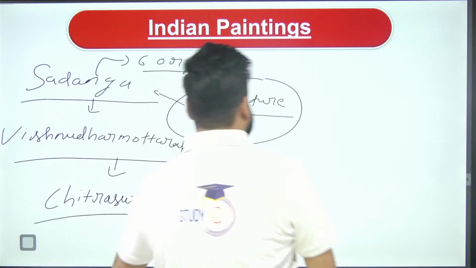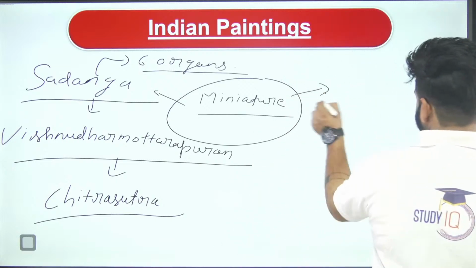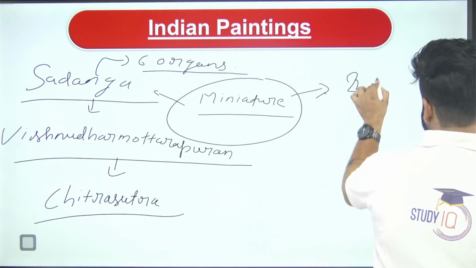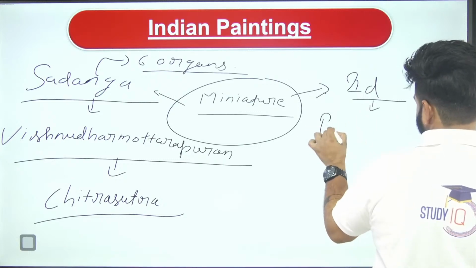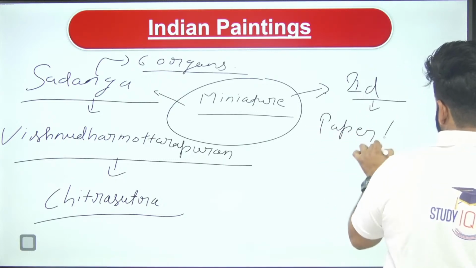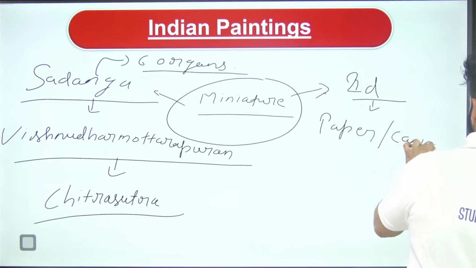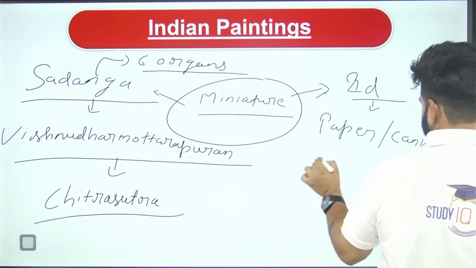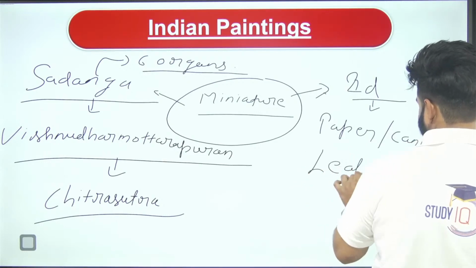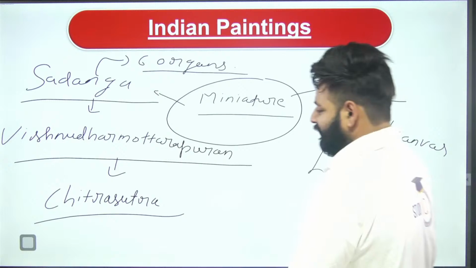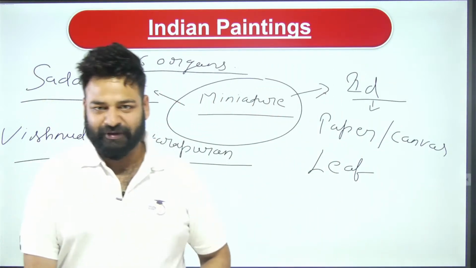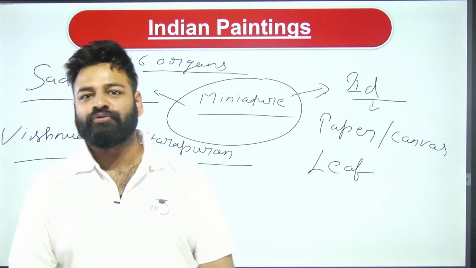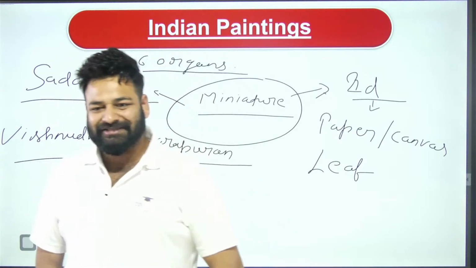Then we were talking about the miniature paintings. They were 2D, painted on paper, or canvas, or it could be leaves as well. Then we were discussing the schools of Indian miniature paintings, starting from the Pala school, which was majorly Buddhist in nature.